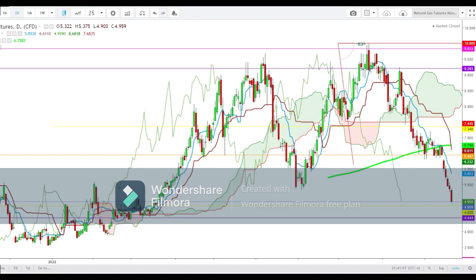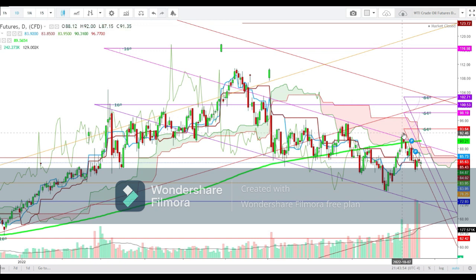First, now let's check the movements of crude oil futures in different time frames. From here, the crude oil futures found stiff resistance at the levels of 92 on August 10 and continued to slide downward after a breakdown well below the 200 days moving average on October 11. Since then, the crude oil futures saw a sharp sell-off and continued to move downward and tested a low at the levels of 81 on October 18.